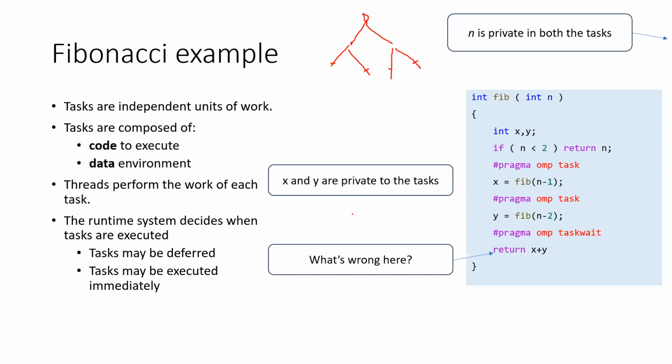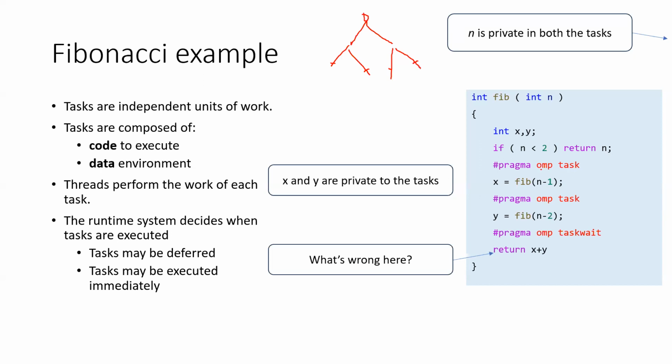Now if you remember the very first slide, I mentioned that whenever we use an OMP pragma, whatever is defined before it is by default shared when you use it, in all OMP parallel constructs.